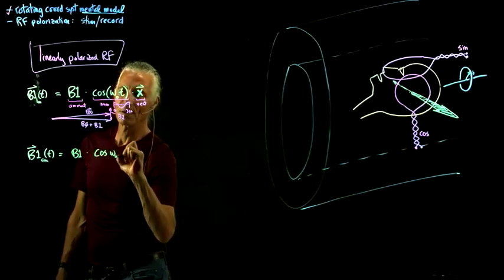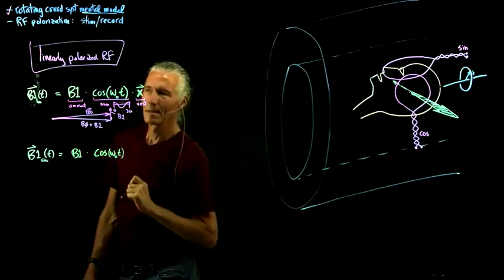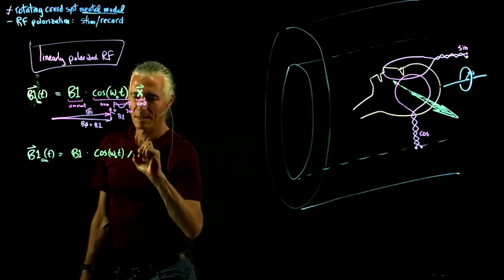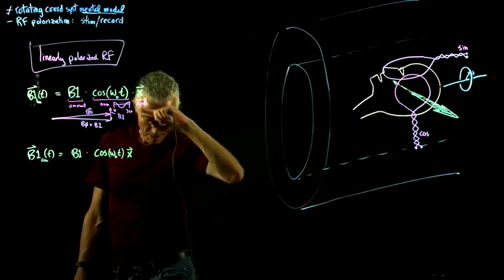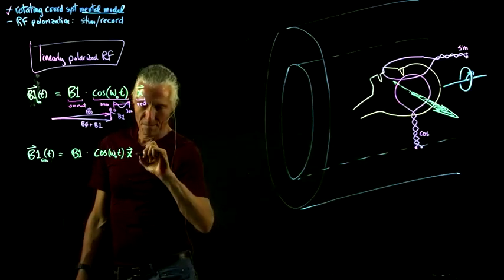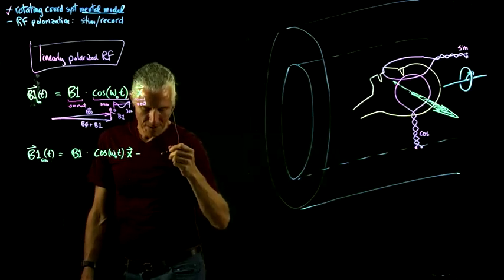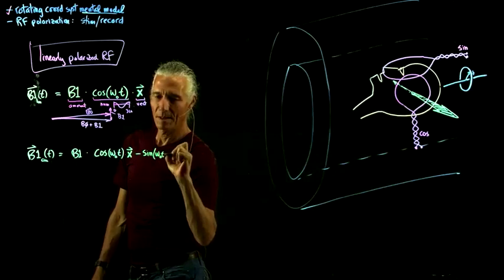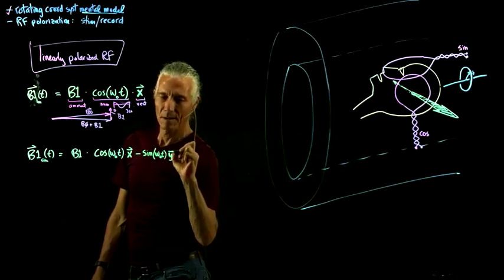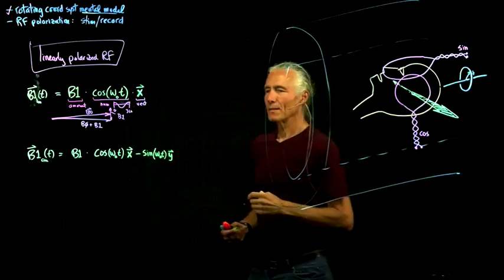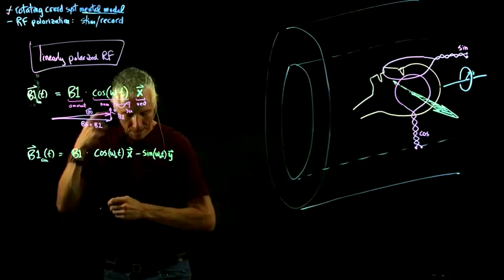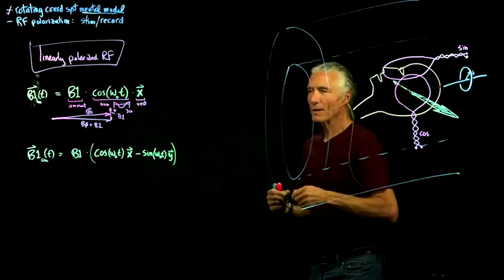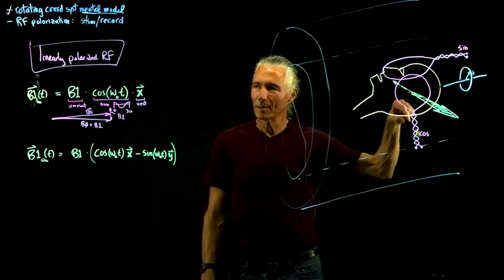So there's one coil, the amount of that coil times the x vector, and minus or plus, depends on what direction we go, the sine of the same thing times the y vector. So now we have a vector that will be rotating around in the xy plane.